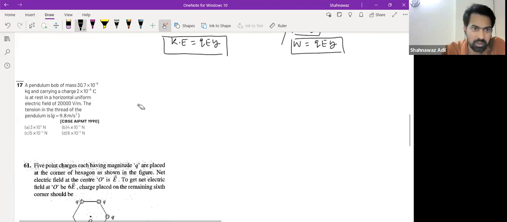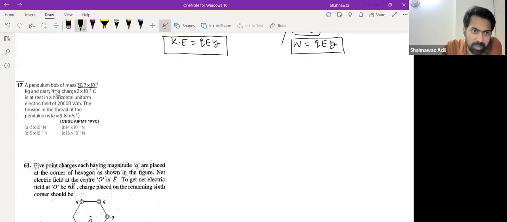Okay, so let us try this question. A pendulum bob of mass m, carrying a charge q, is at rest in a horizontal uniform electric field. The tension in the thread of the pendulum.